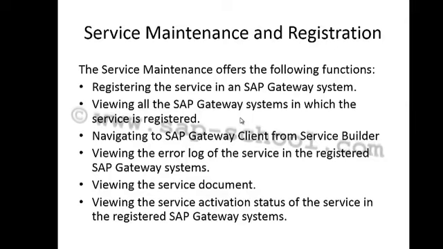Service maintenance offers functions like registering the service in the SAP gateway system, viewing all the SAP gateway systems in which the service is registered, navigating to the SAP gateway client from the service builder, viewing the error log of the service in the registered SAP gateway systems, viewing the service document, and viewing the service activation status of the service in the registered SAP gateway systems.